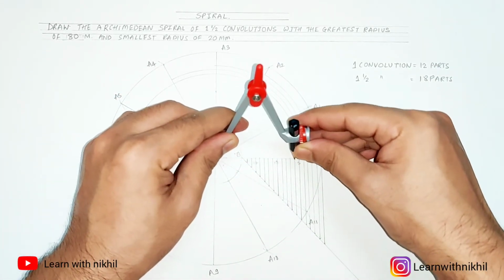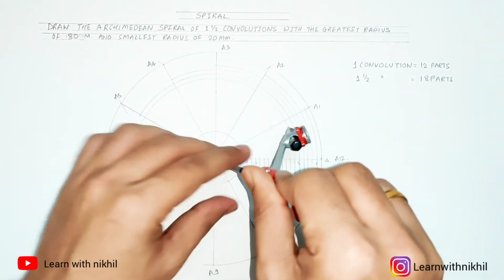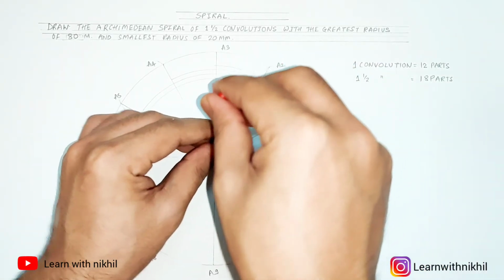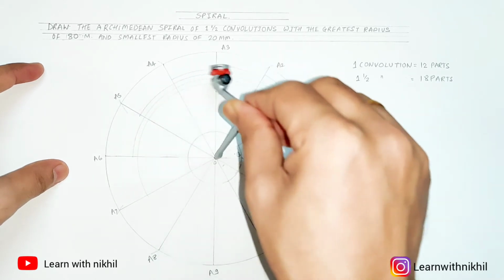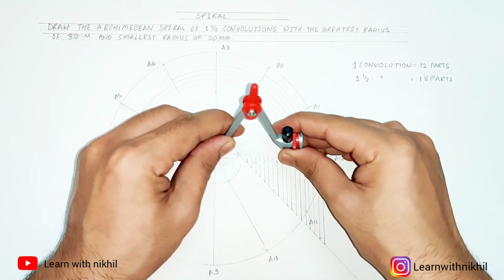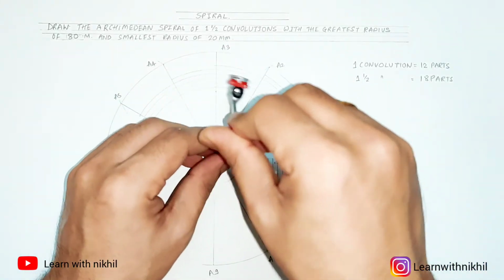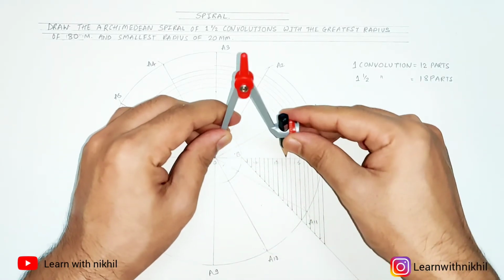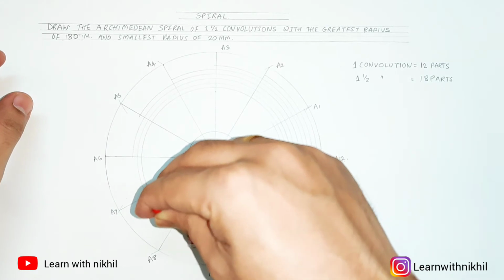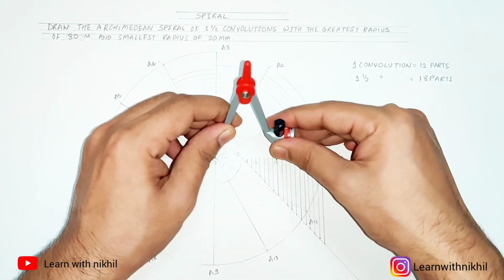Extend the curve till A6. From the next point, 7th, extend till A7. Reduce, extend the curve till A8. Do like this for the next points also. This is for 1.5 convolutions.